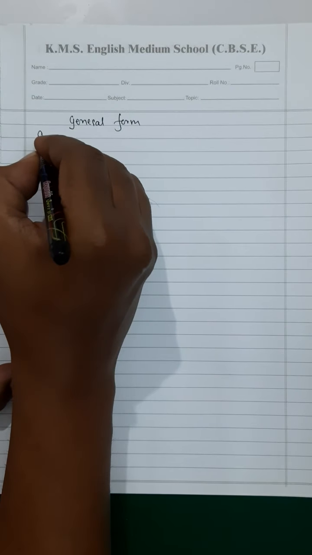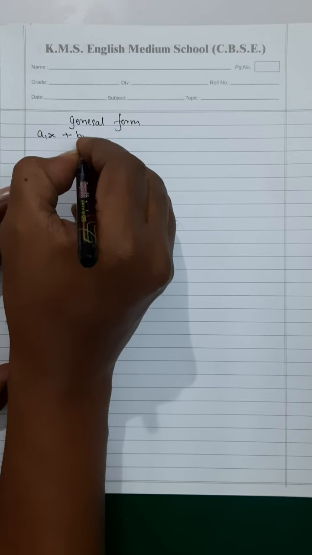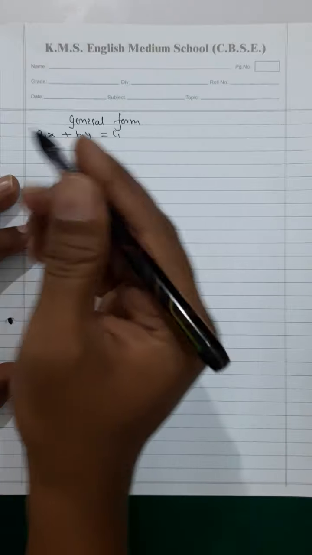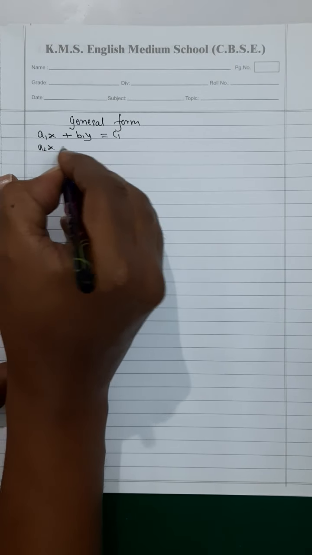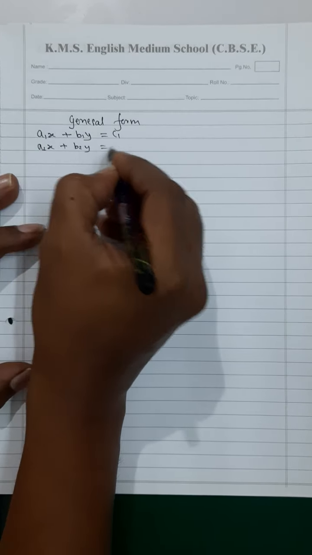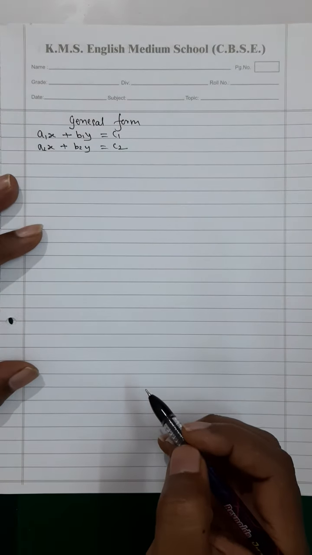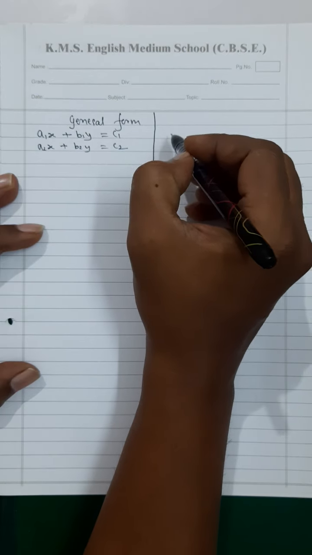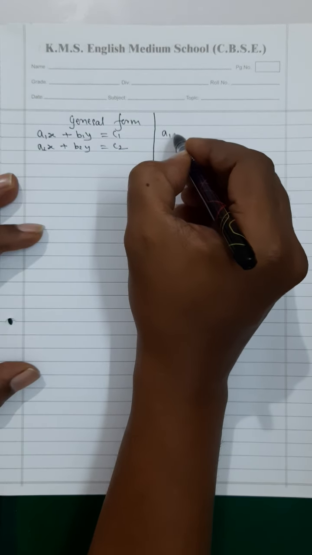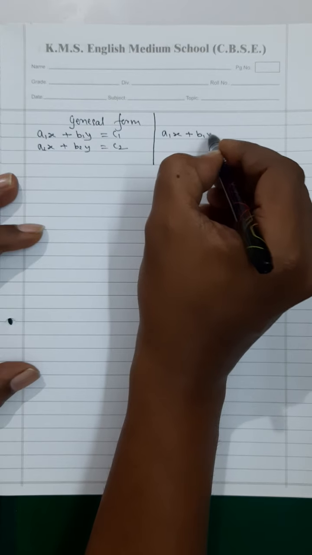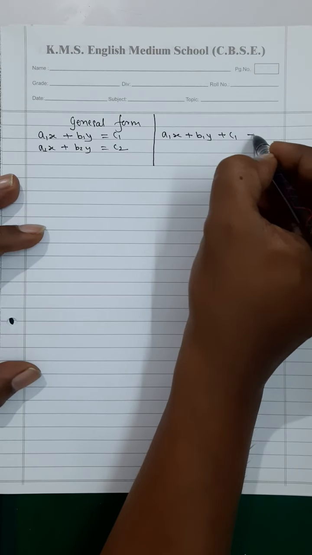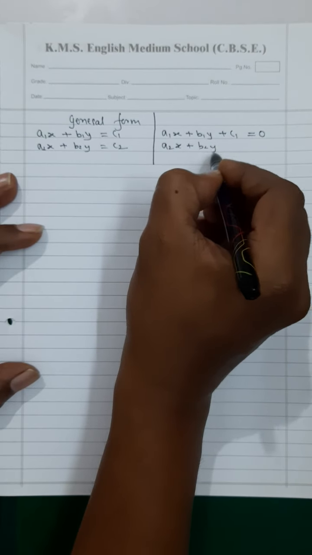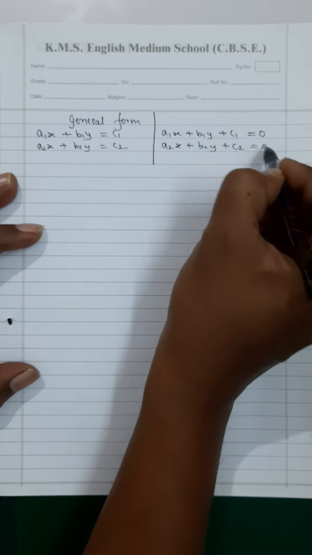One general form can be a1x plus b1y is equal to c1, a2x plus b2y is equal to c2, which is practiced most of the time. But sometimes you take it as a1x plus b1y plus c1 is equal to 0, a2x plus b2y plus c2 is equal to 0.